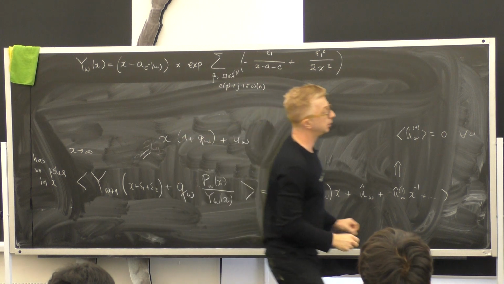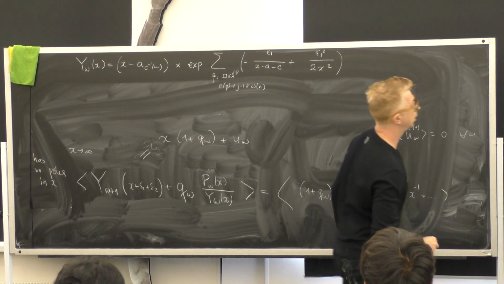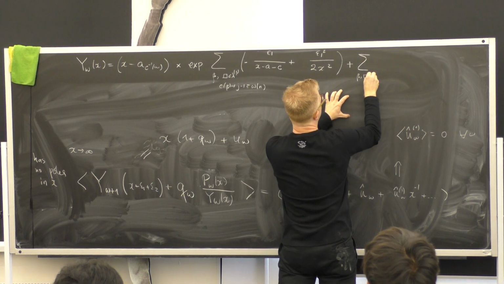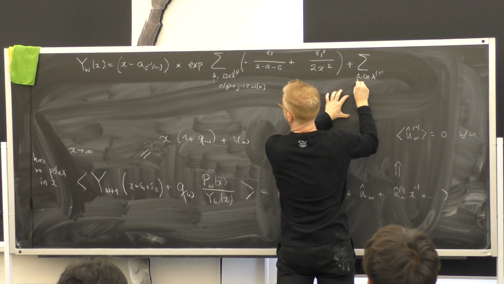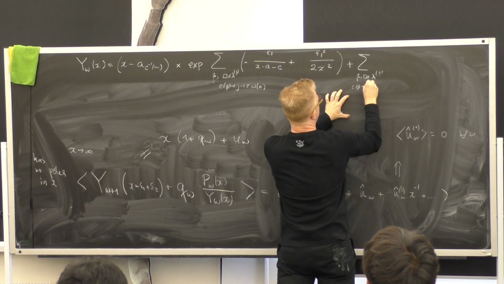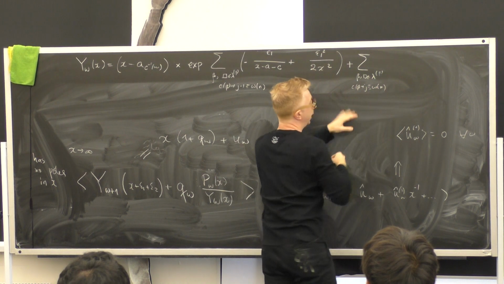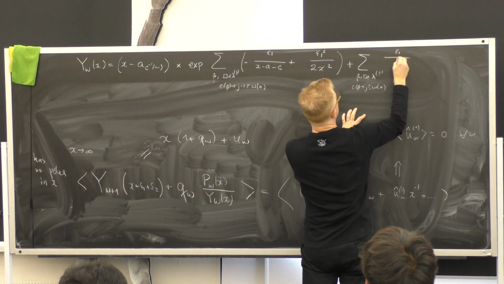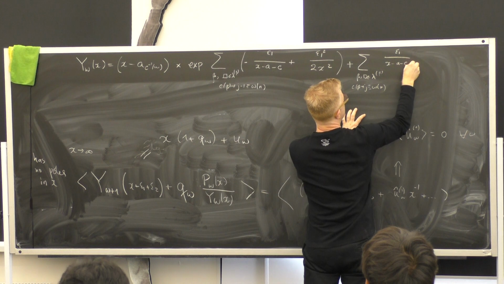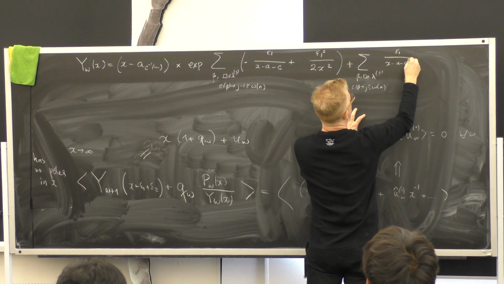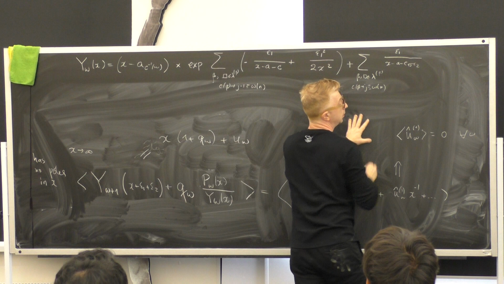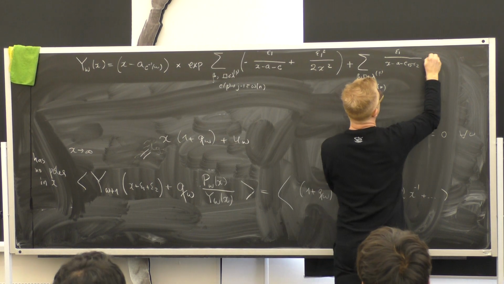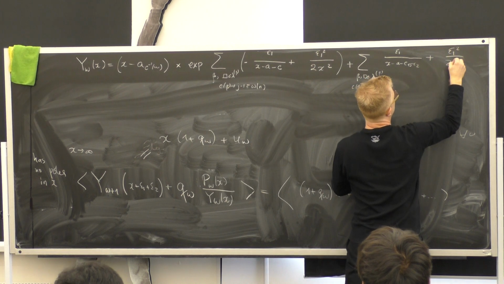And then the second factor will give me the plus sum over beta, c of beta plus j equal to omega modulo n, epsilon 1 over x minus a minus c, minus epsilon 2, plus epsilon 1 squared over twice x squared.